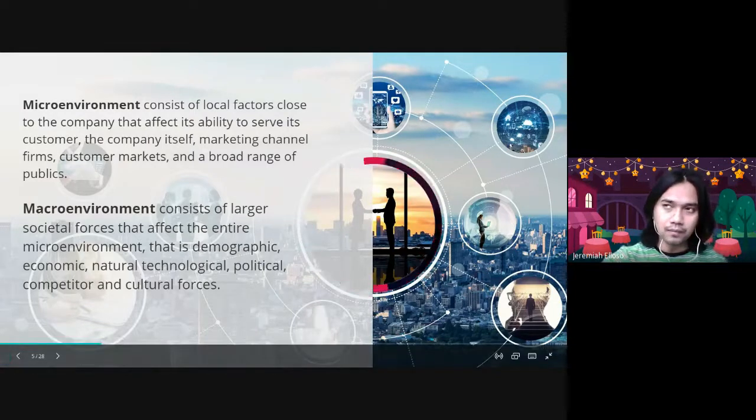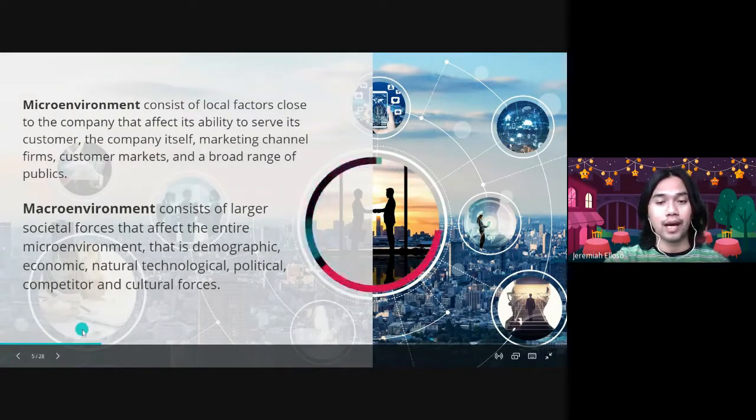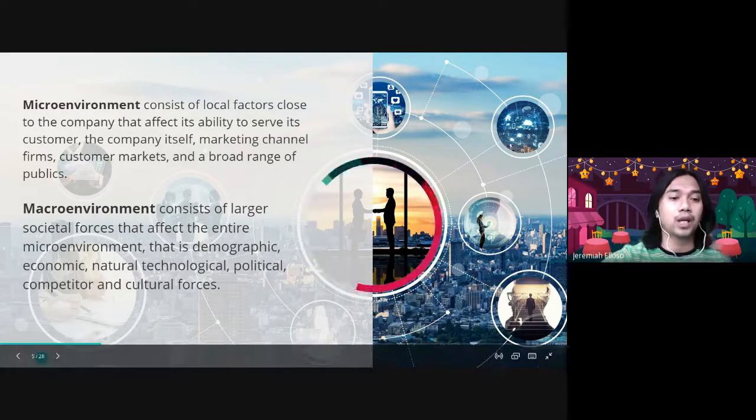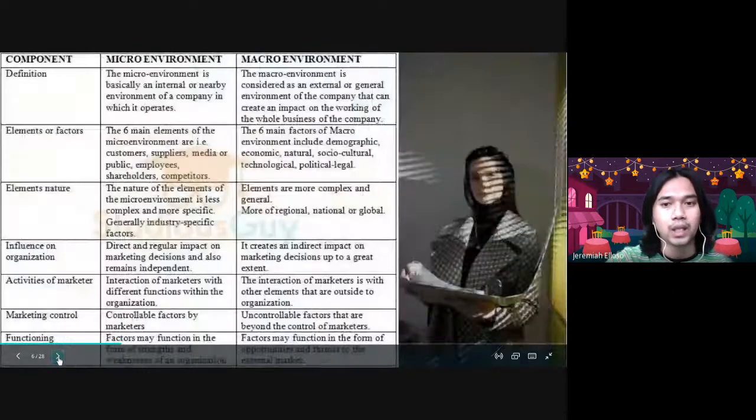Later, I have a diagram that will provide you with a visual interpretation of who are part of the micro environment and the macro environment.